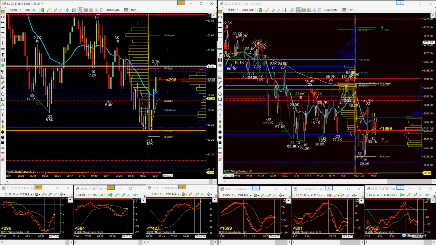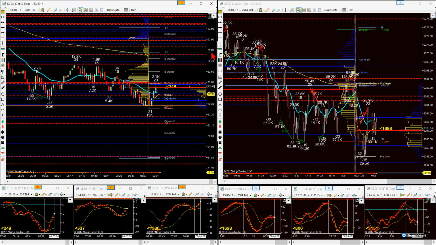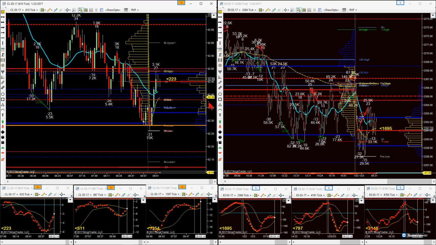There's definitely an effort to try to get up towards yesterday's low, yesterday being Friday, but yesterday's low is way up here. So we still have a long way to go to get anywhere near filling that gap. Not to say that we won't, but at this point we're still looking for opportunities to get short if they set up, not just to take one.